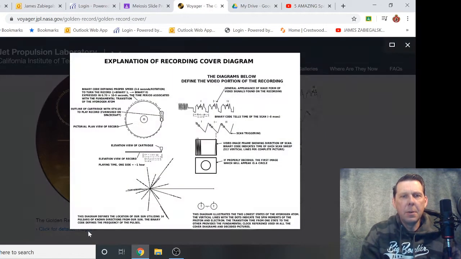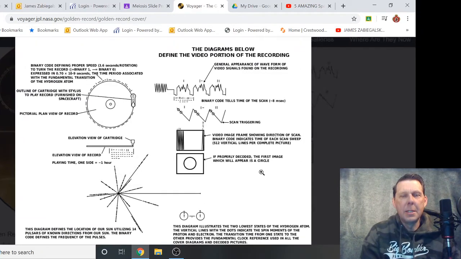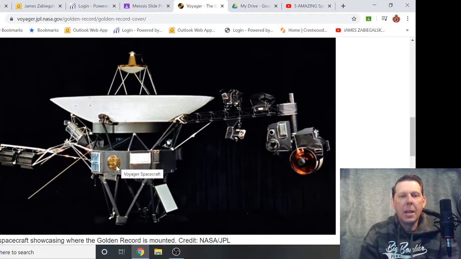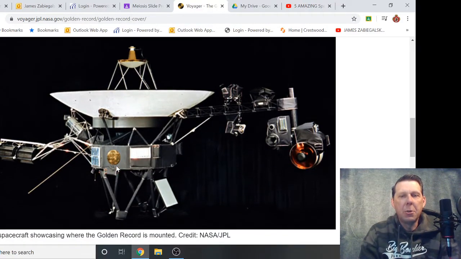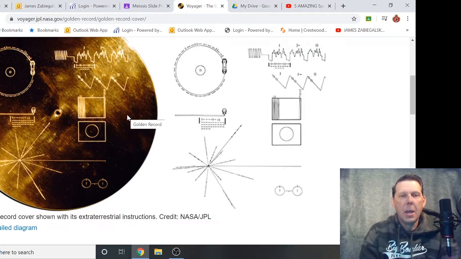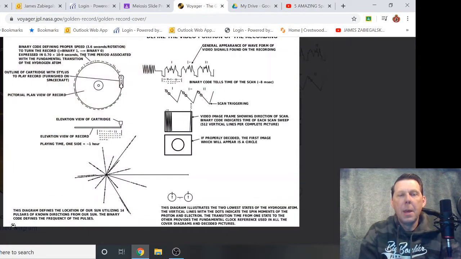But in case I don't know how much Miss Wenner got into the details, you remember this record was put on the outside of the Voyager spacecraft to give a message to go out into space about what we're like here on Earth.